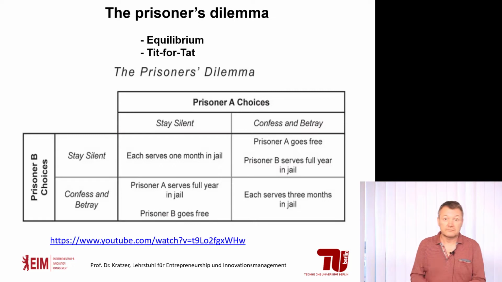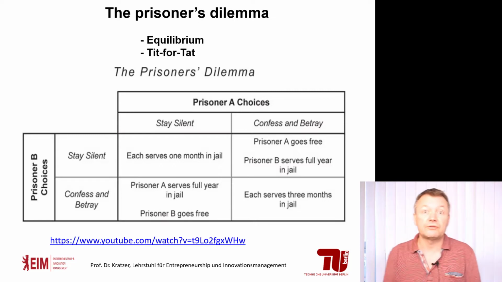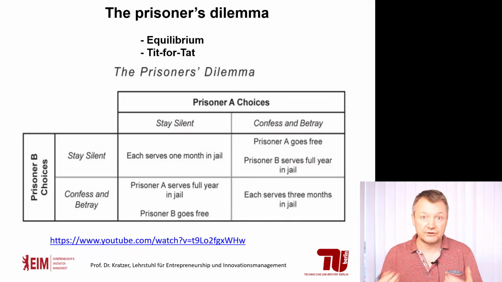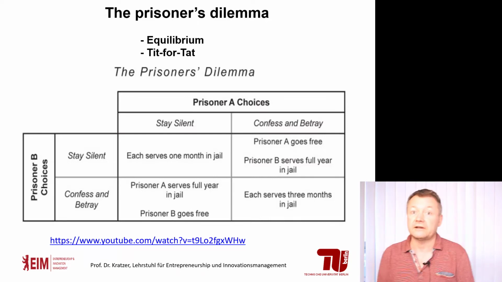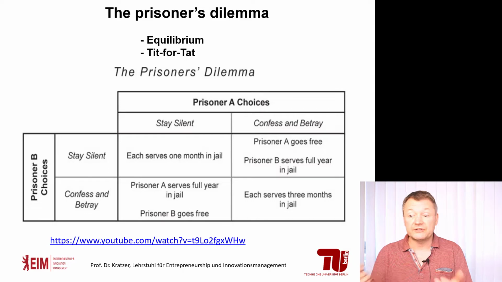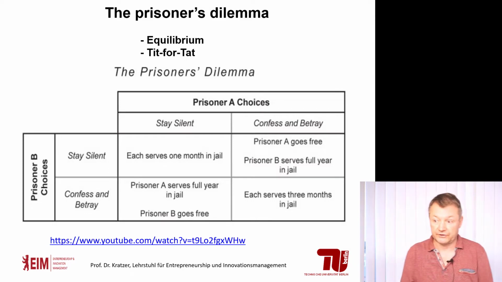Nash, you remember the movie A Beautiful Mind, got the Nobel Prize in economics for developing, describing, and defining this equilibrium. And the equilibrium appears here at the prisoner's dilemma for each of the prisoners at confess and betray.